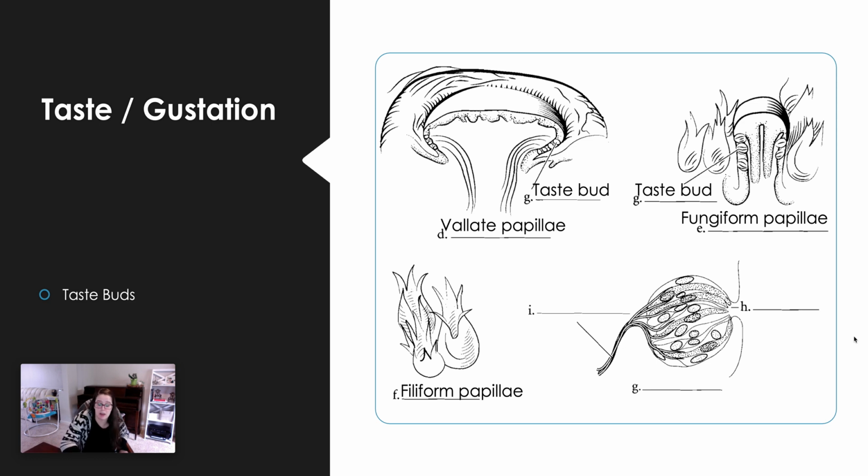And let's talk about how taste exactly works. Here's a taste bud. And there's all kinds of cells here that have these afferent connections. You have a pore, and then like I said, your afferent connections, your nerve fibers.